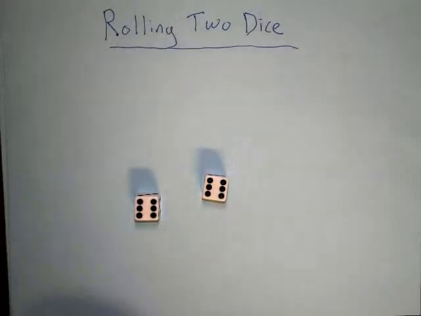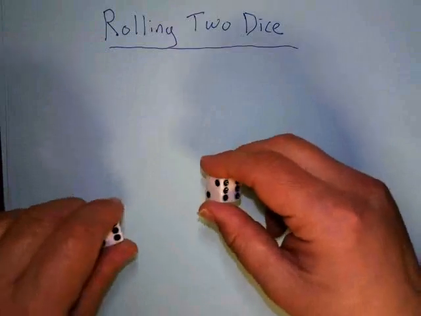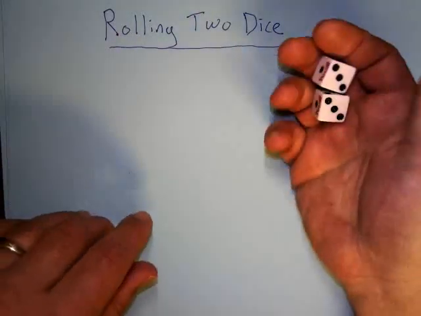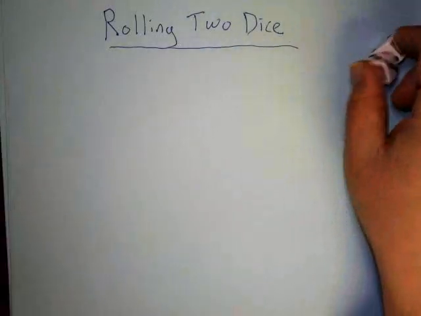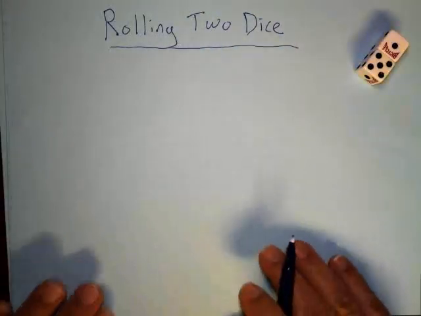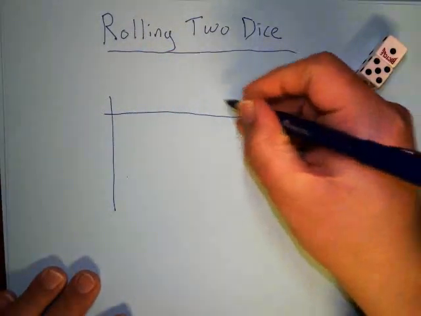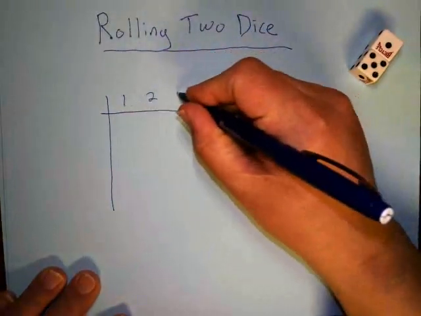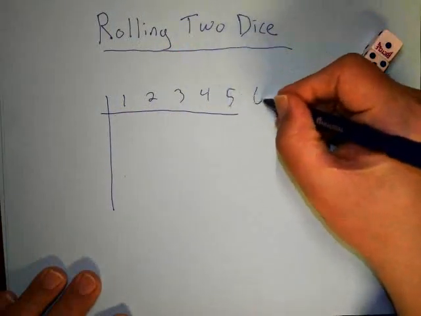Okay? And so we need to know what all the possible outcomes of this experiment are. The outcomes here are the different ways you can roll the two dice. One way of knowing all the possible outcomes is to make a table. Along the top, this will be the roll of one die, so I'll have the numbers 1 through 6.